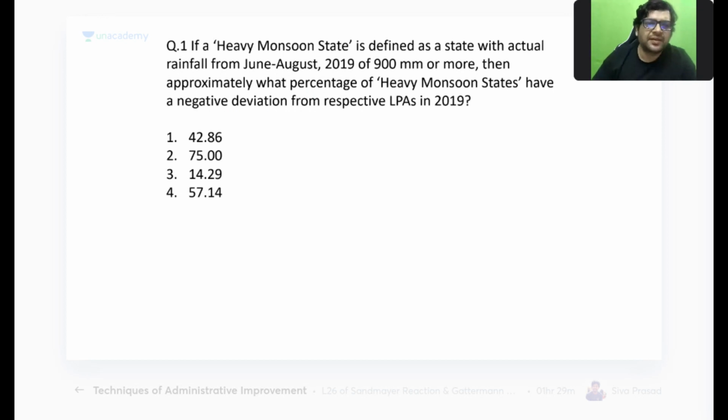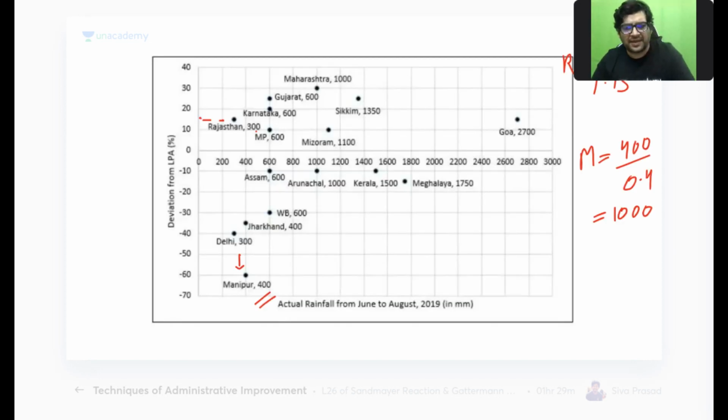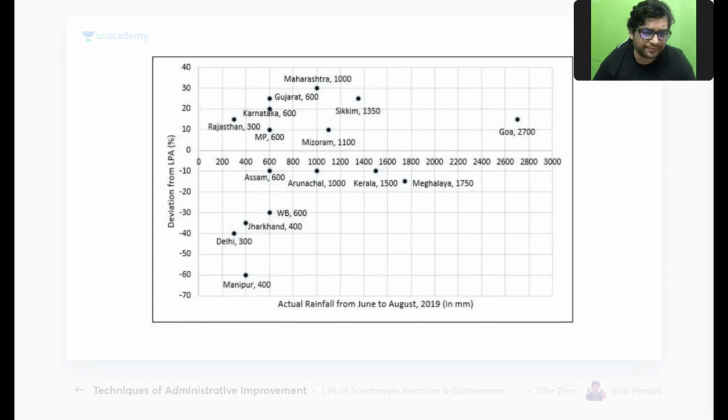Let's check this. If a heavy monsoon state is defined as a state with actual rainfall from June to August of 900 mm or more, then approximately what percentage of heavy monsoon states have a negative deviation? So first of all, I need to find out the heavy monsoon states. Anyone who is on the right side of 900, that means who is more than 900, is actually a heavy monsoon state.